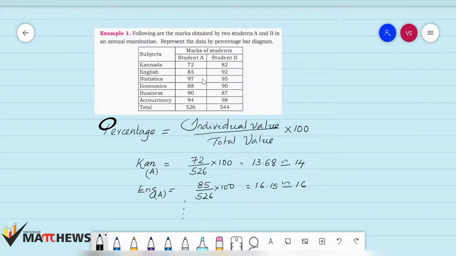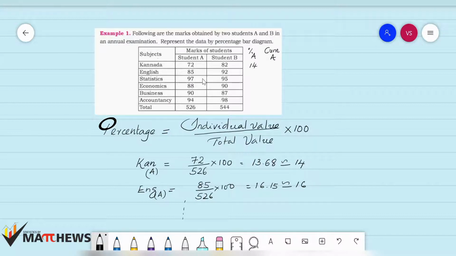So here, just to save time, I will mark here itself, students, percentages for A, and then I will take cumulative percentages for A also, because it will be easy for us to mark. If you convert 72 into percentage, you get 14, as I have shown you.